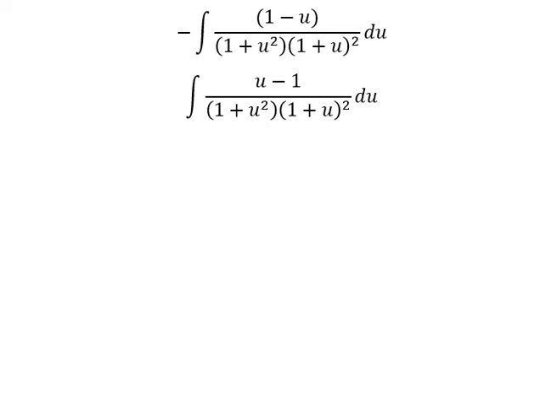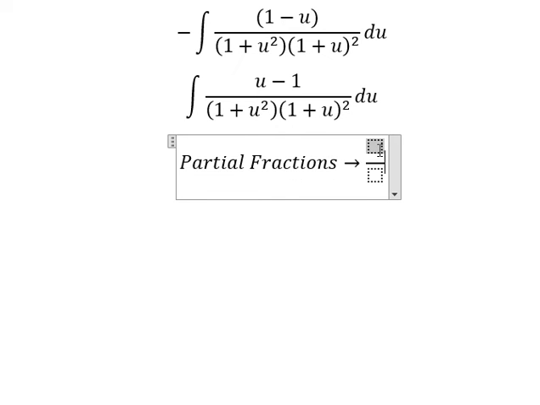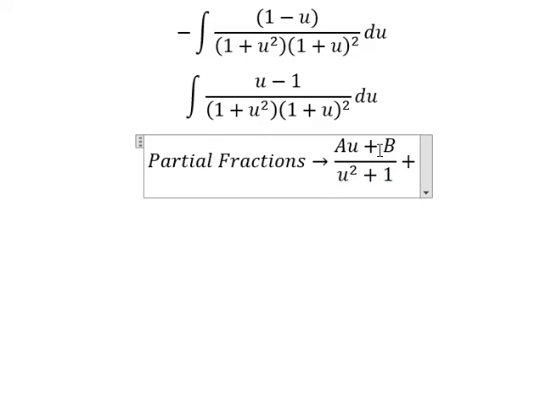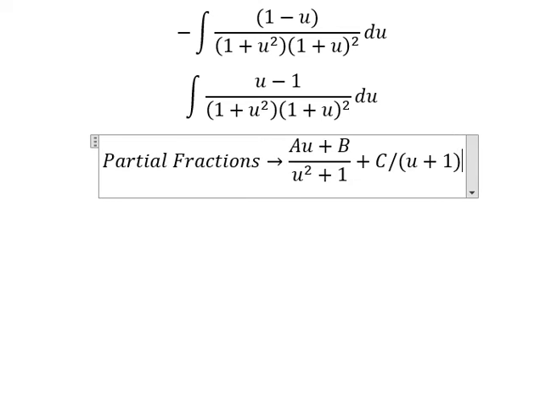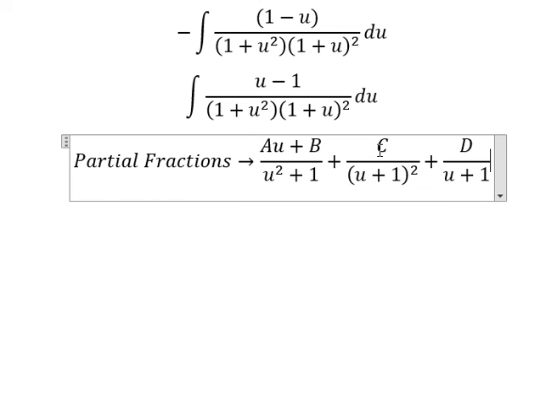Next, we can use partial fractions. So I will put au plus b over u squared plus 1. The next one is c over u plus 1 to the power of 2, and d over u plus 1.